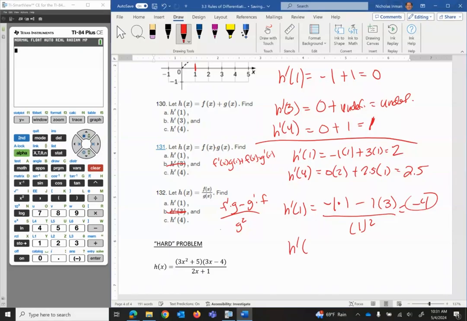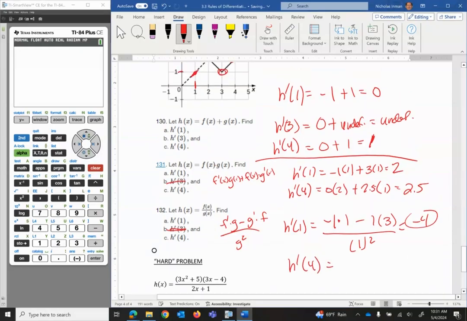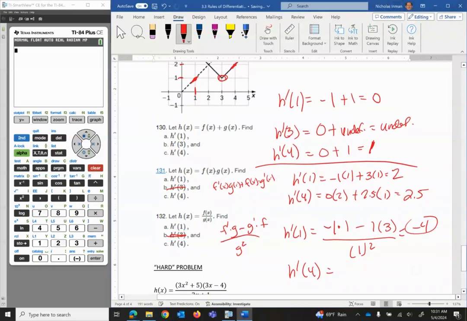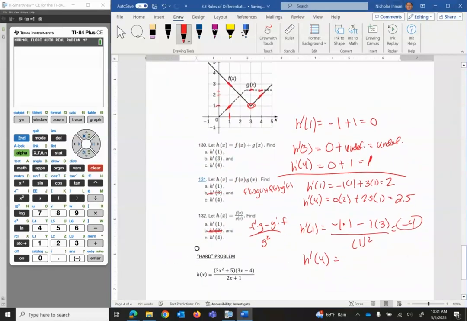All right, and h prime at 4. So f prime at 4 was 0 times g at 4 was 2.5 minus g prime at 4.